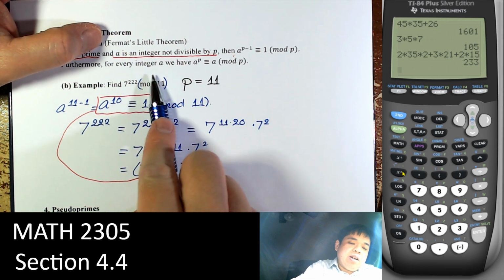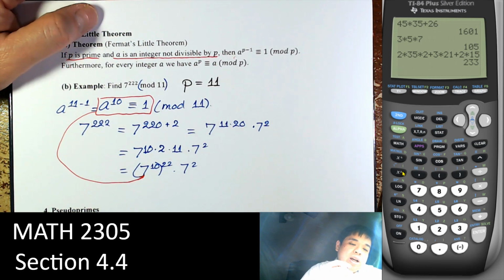But we do have this, right? And we said for every integer a, we have a to the p is congruent to a.